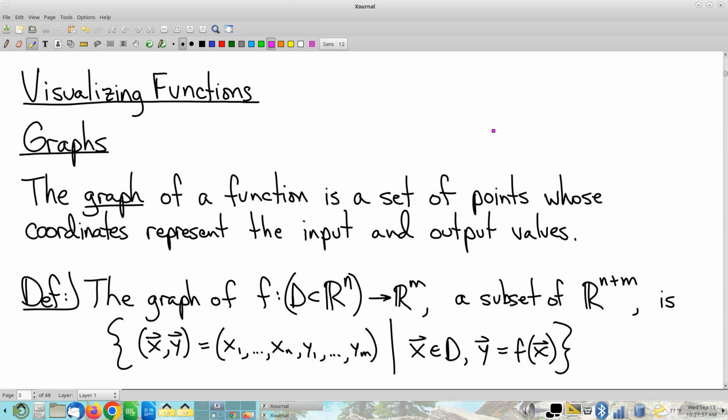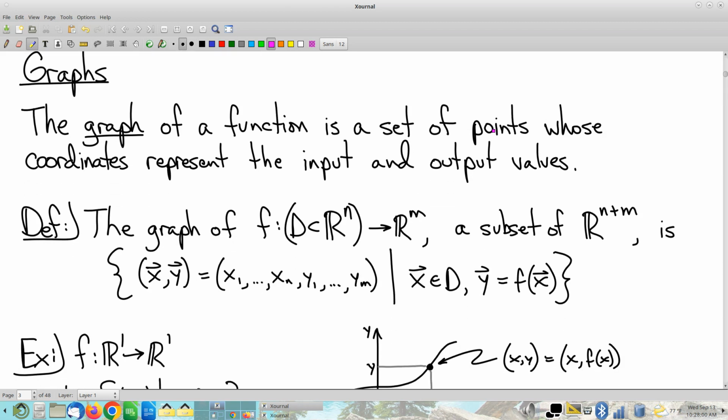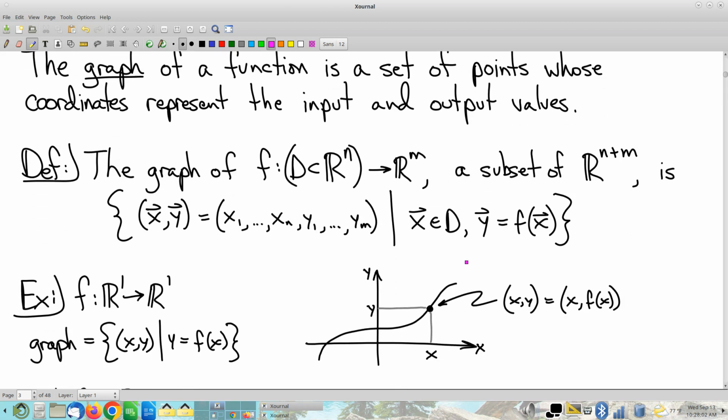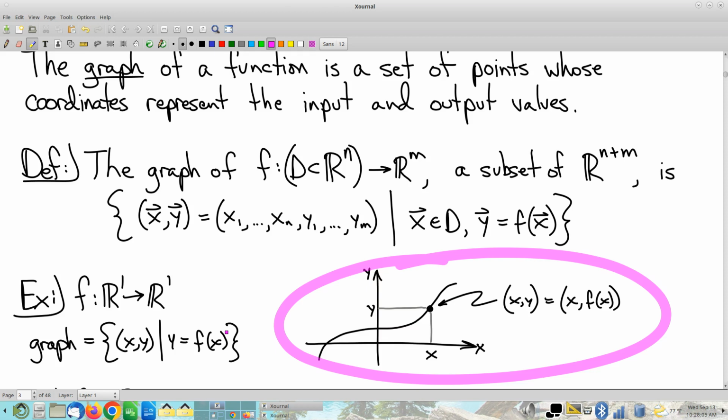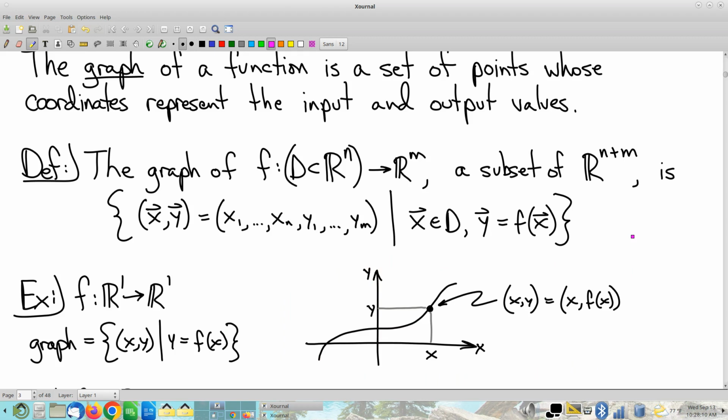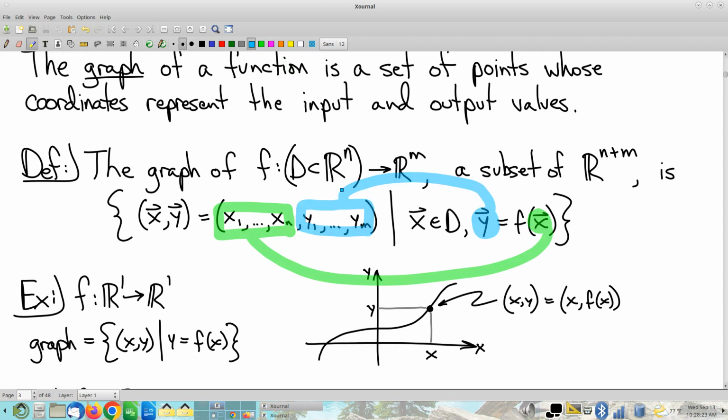I am going to start with something that hopefully is familiar, that is the idea of the graph of a function. And here's our old familiar example, single variable graph. Right? But let me write down a general discussion. The big idea of a graph is that you take the inputs to a function and the outputs from a function, and you kind of smash them together to make a great big ordered n plus m tuple, right?